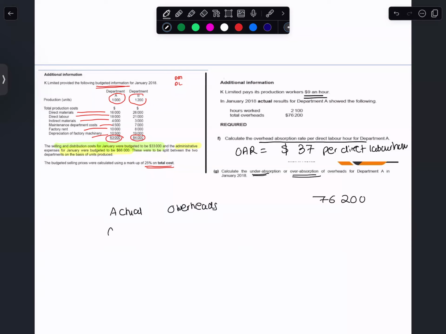And what is overheads absorbed? How do you calculate overhead absorbed? OAR times the actual activity level. What is OAR? OAR is 37.